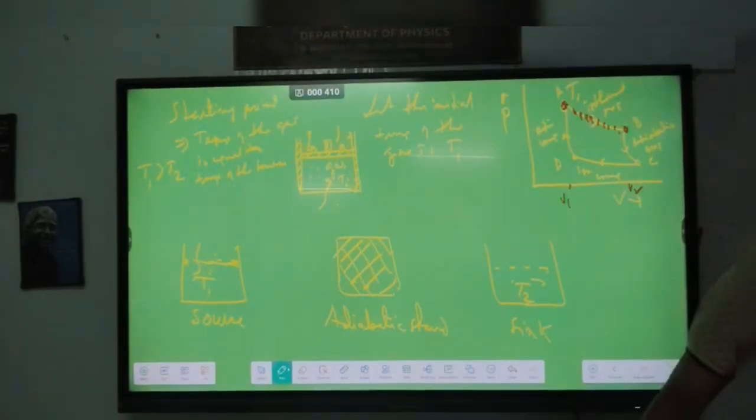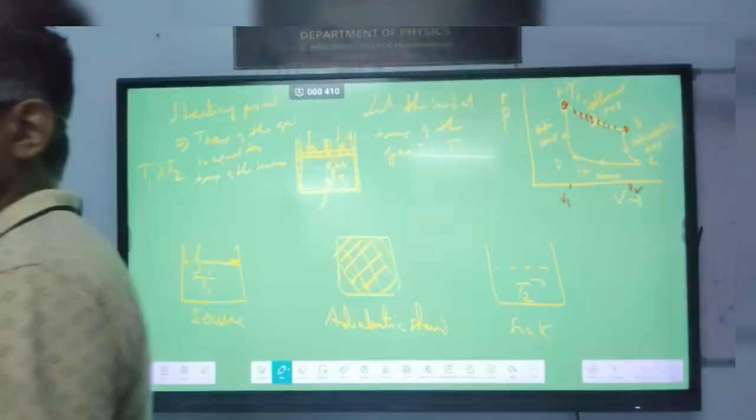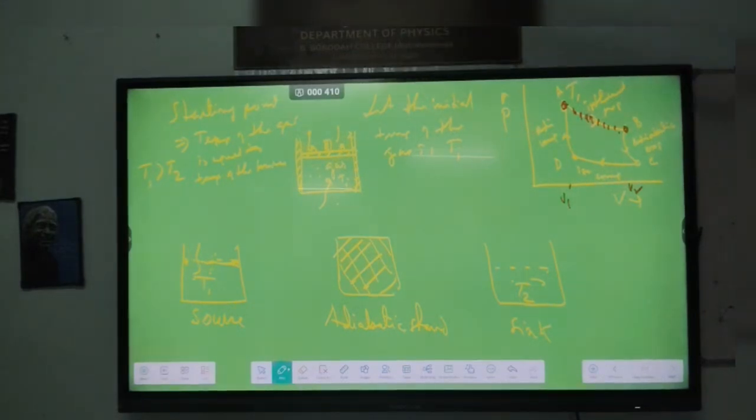The volume is expanding from V1 to V2, but the temperature is maintained at T1. So it is an isothermal expansion from A to B. During that isothermal expansion, my volume has changed from V1 to V2, but the temperature remains constant at T1.